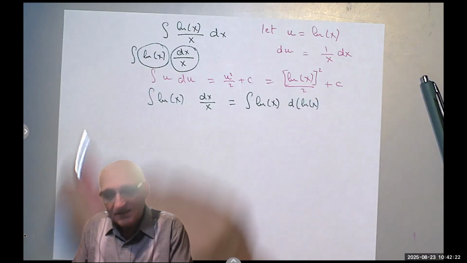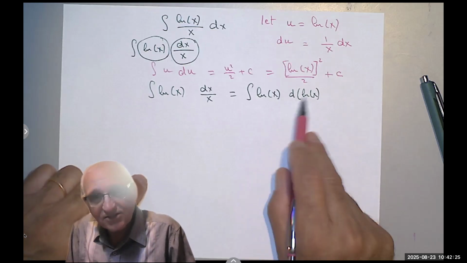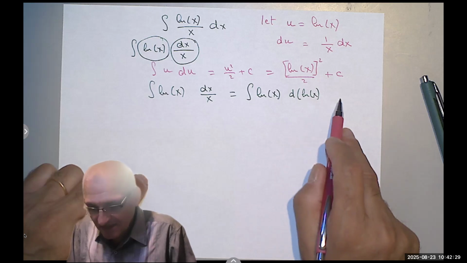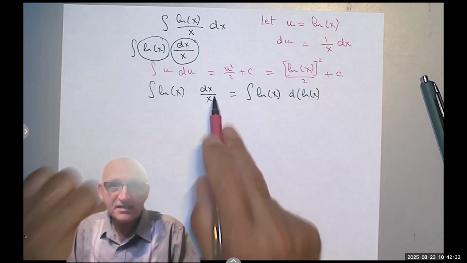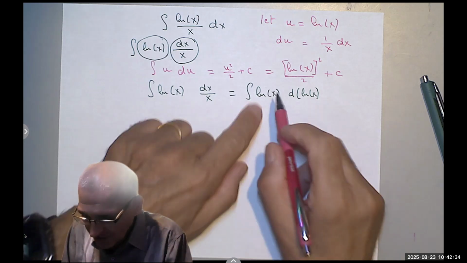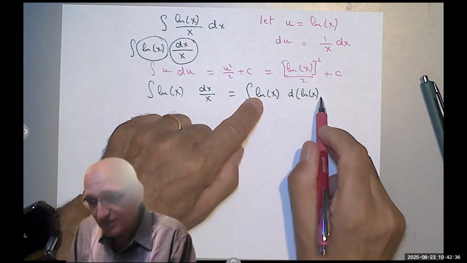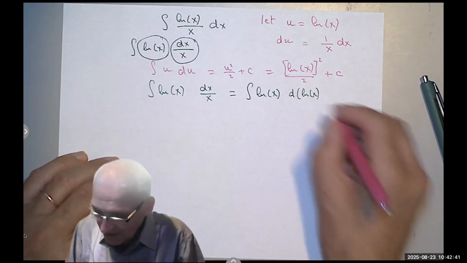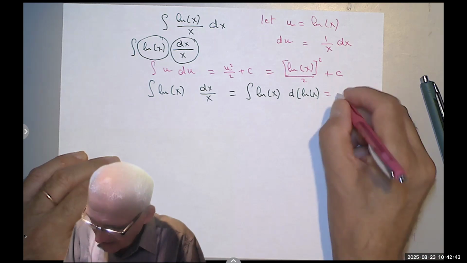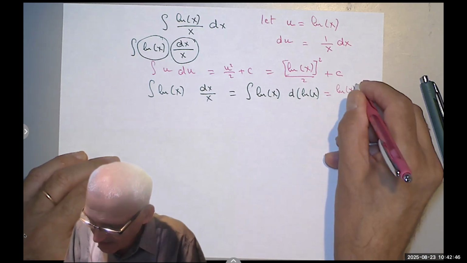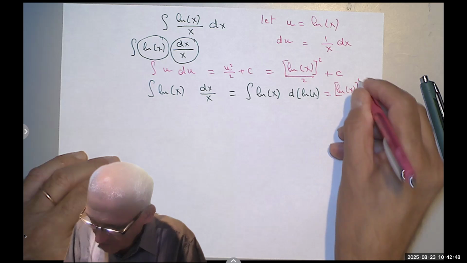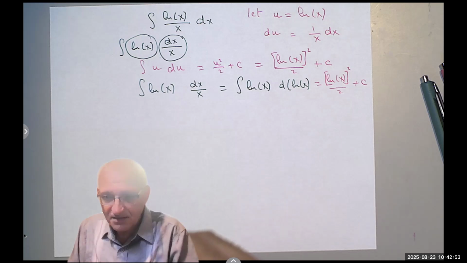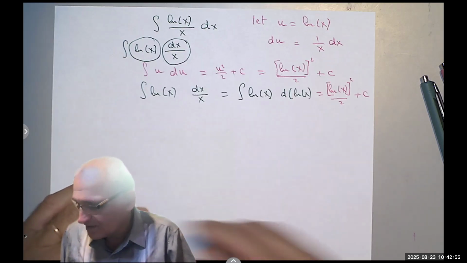What is the derivative of natural log of x? 1 over x times dx. So now I have a function times its derivative. So when I integrate it as if this was x dx, I get natural log of x squared over 2 plus a constant. And that's basically the substitution itself. That's what we do in a substitution.